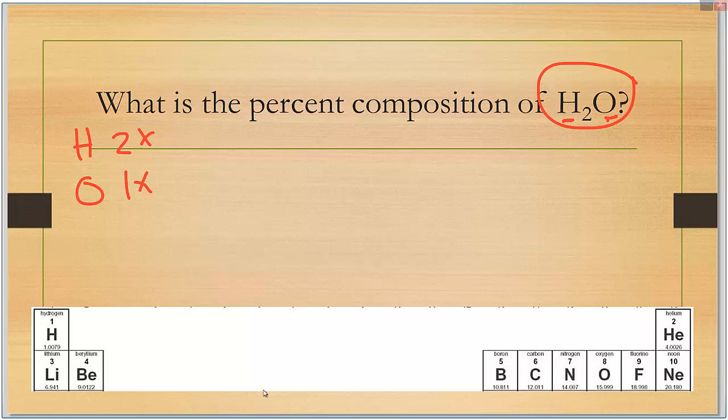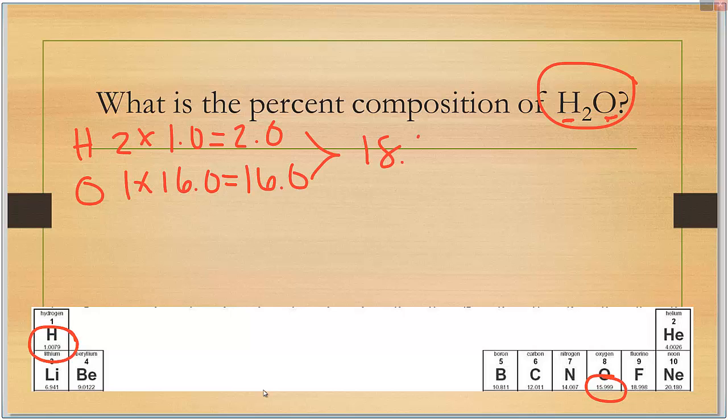Look on the periodic table, you can see that hydrogen is 1.0 and oxygen is 16.0. Add those together to be 18. That's the mass of 1 mole of water.